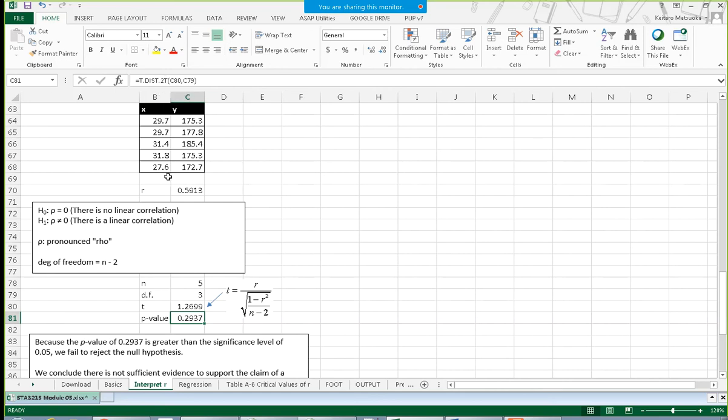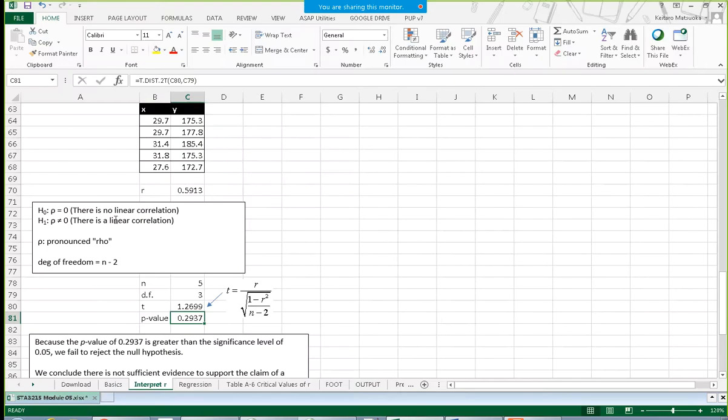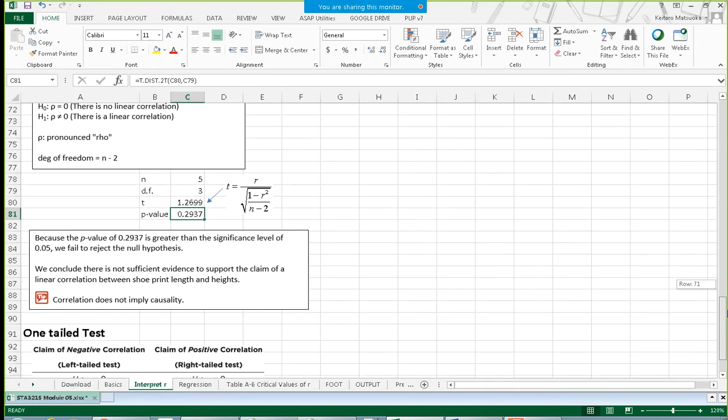You see it's two-tailed because we're testing, yes, there's a linear correlation, no, there's no linear correlation. It's 0 because, as you've seen earlier, if there's no correlation, R is 0. So it's either 0, or not 0. Okay, so the p-value in this case is 0.2937.